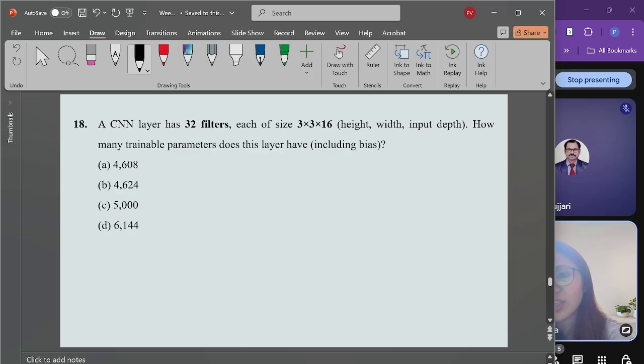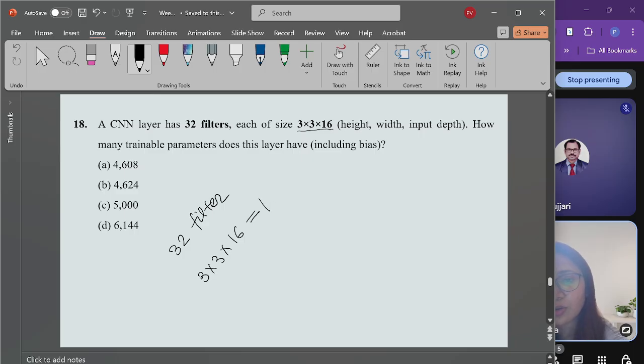Okay, so a CNN layer has a total of 32 filters, right? And those 32 filters have each of size 3 cross 3 cross 16. So what will be the total size if you multiply 3 cross 3 cross 16?